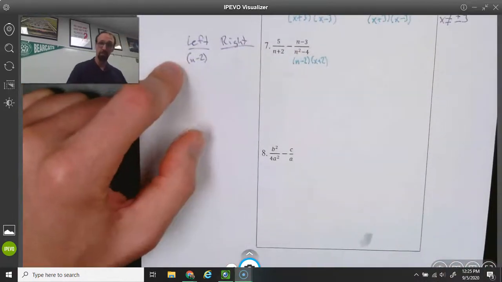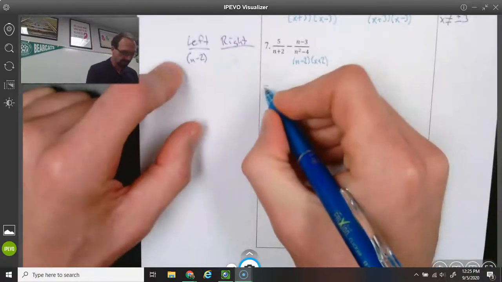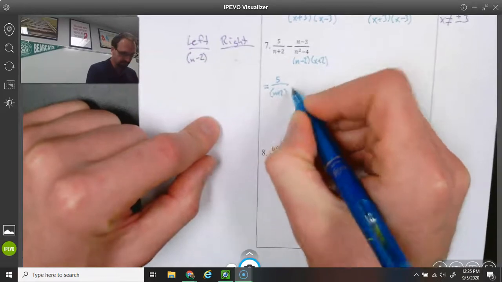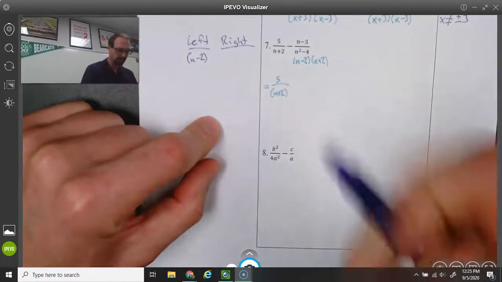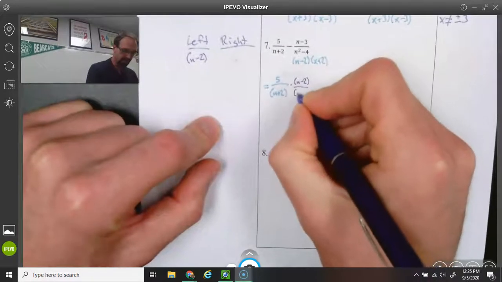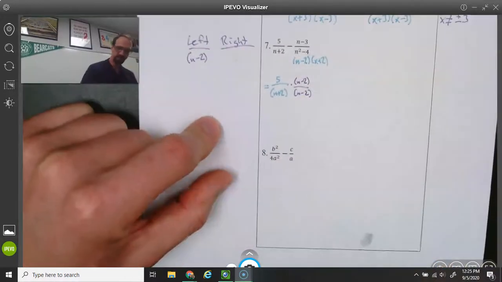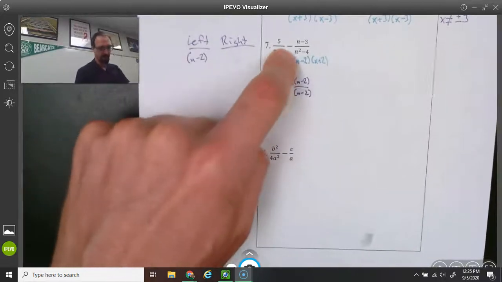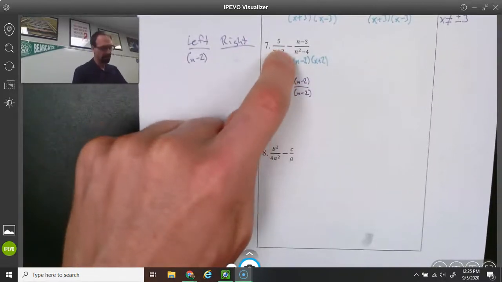So when I go through and multiply this, what I'm going to have is 5 over n plus 2. And then I'm multiplying both the numerator and the denominator by n minus 2 over n minus 2. And then now, minus. Now this is a part I'm actually going to denote and show with this minus sign.